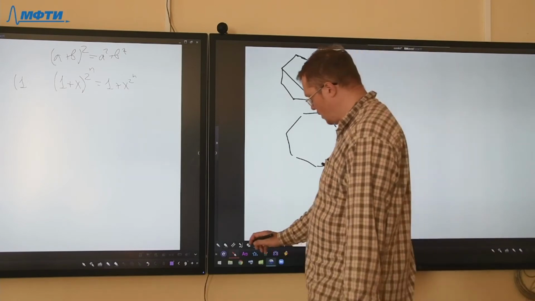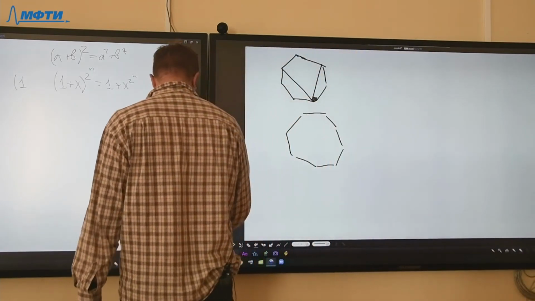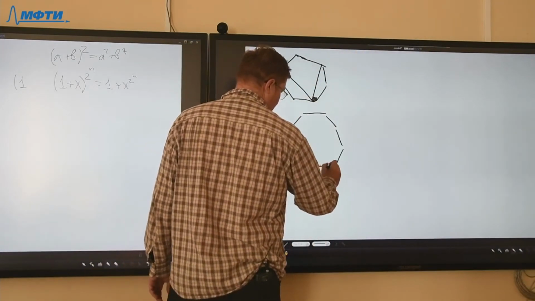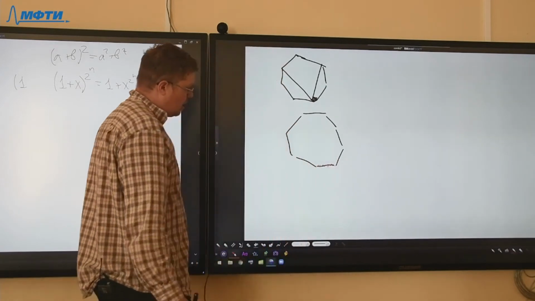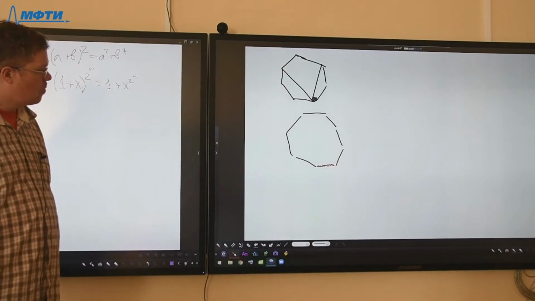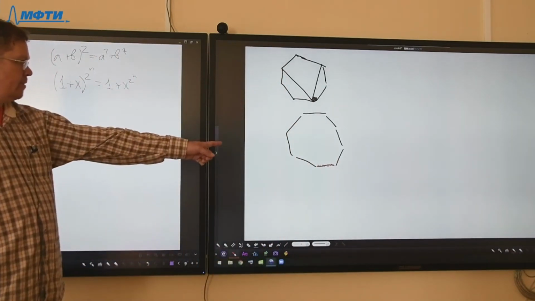Let's pick one of the edges and fix it. In how many triangles of the triangulation does this edge belong?